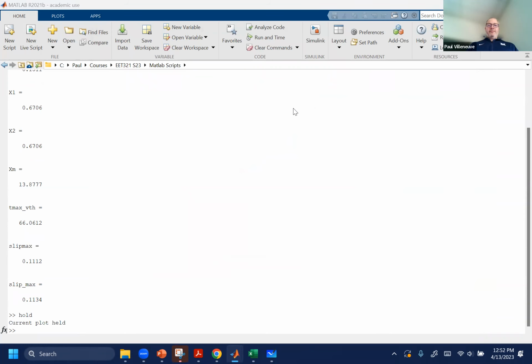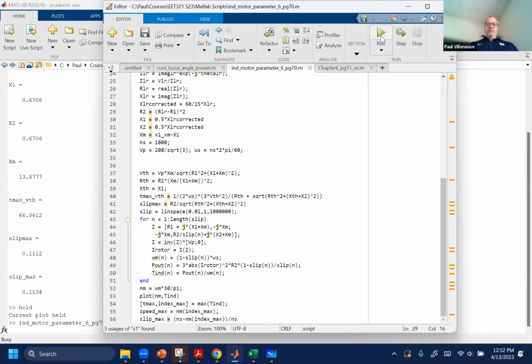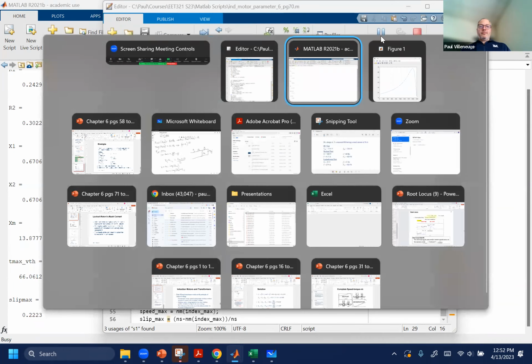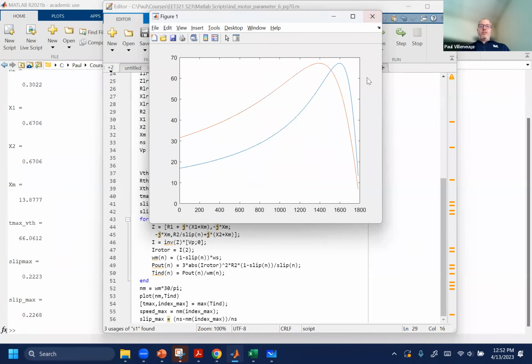Now I'm going to run it. So all I did was double R2. Nothing else has changed. There's R2. It looks more like a NEMA Design B than the first one. Okay.